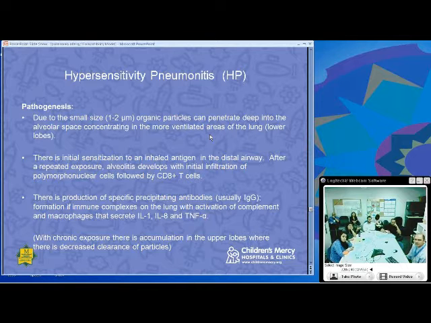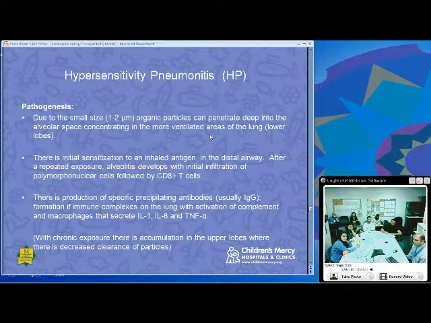There is a sensitization to the antigens in that part, and with repeated exposure they end up having alveolitis with recruitment mainly of CD8 cells. That's why on the bronchoalveolar lavage the CD4-CD8 ratio is low, because it's mainly CD8 cells, different from diseases like sarcoid, for example, where the CD4-CD8 ratio is elevated.